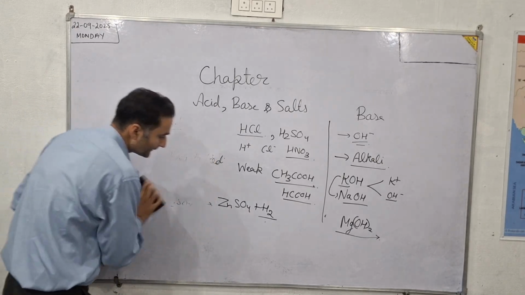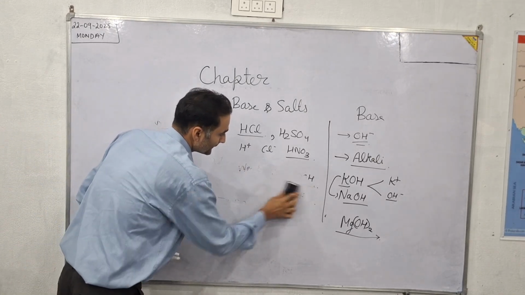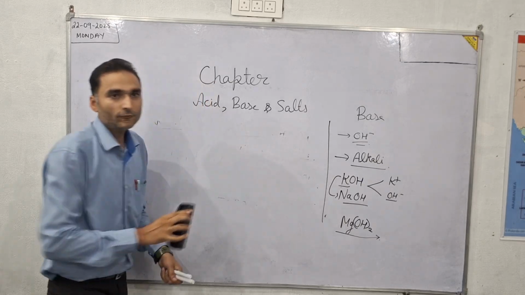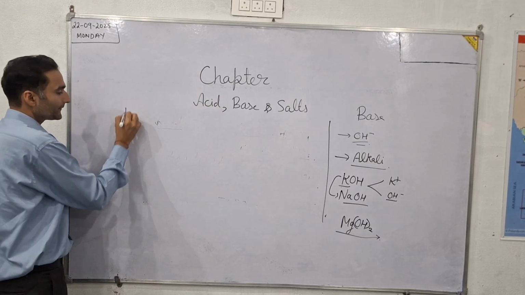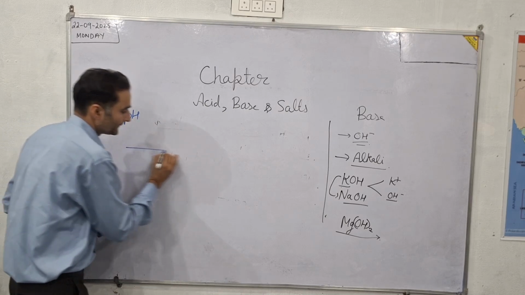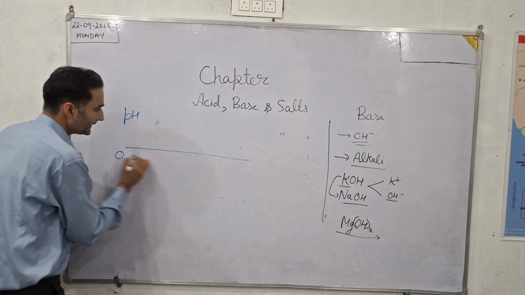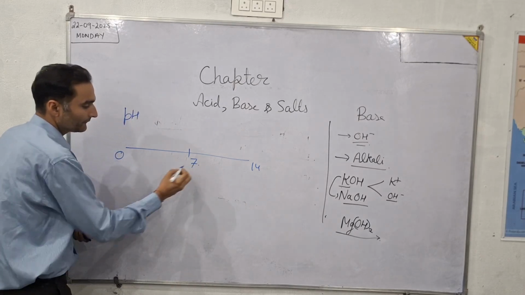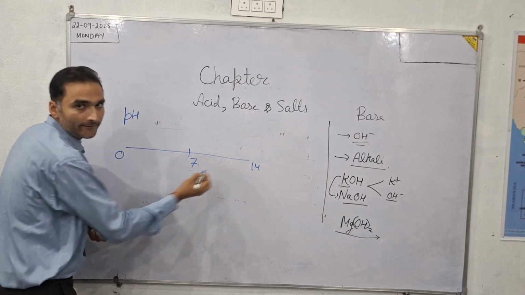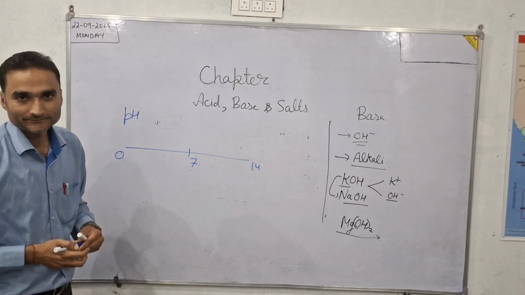We can measure the strength of an acid and base from the pH scale. pH stands for power of hydrogen ion concentration. It's a scale that ranges from 0 to 14, 0 being highly acidic and 14 basic, and 7 being neutral.